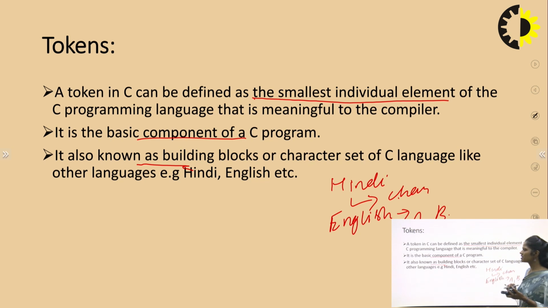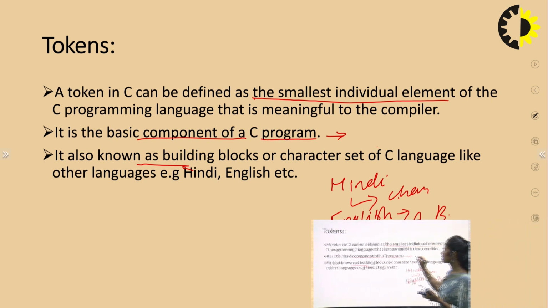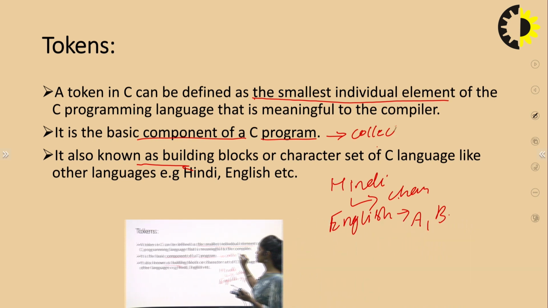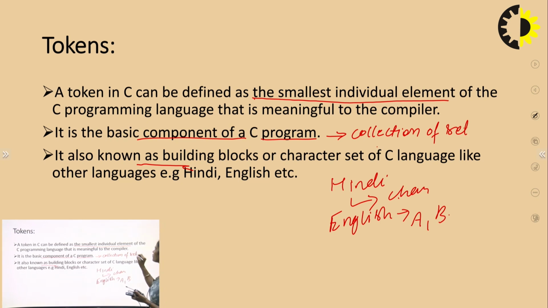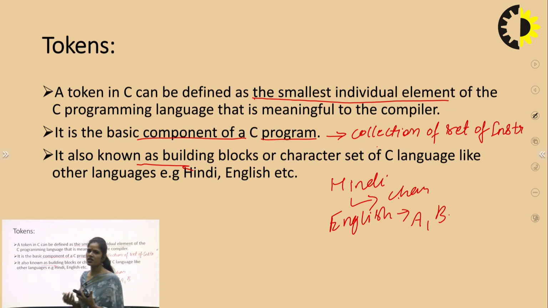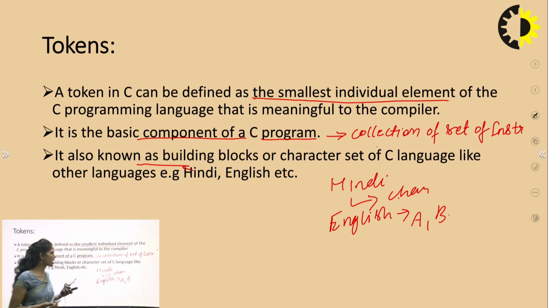As we discussed in the first lecture of this series, a C program is nothing but a collection of a set of instructions. Instructions are particular statements which we give to the computer or user.